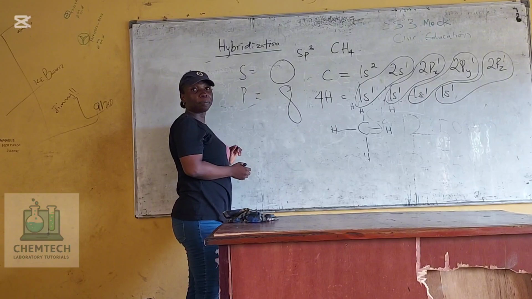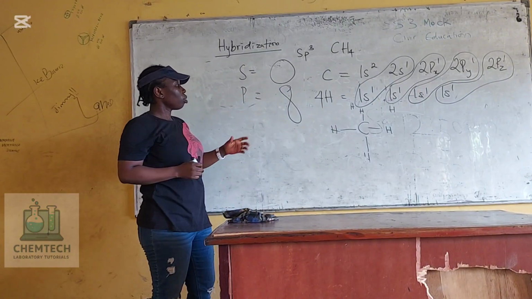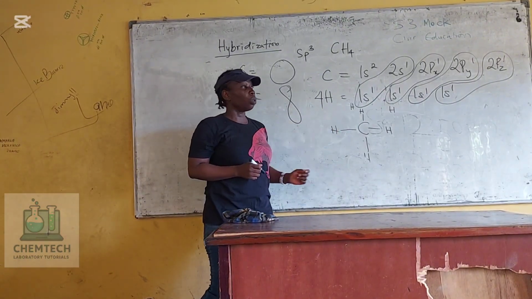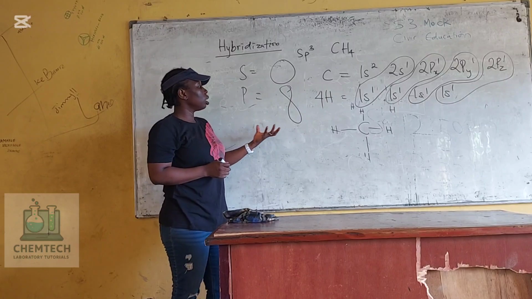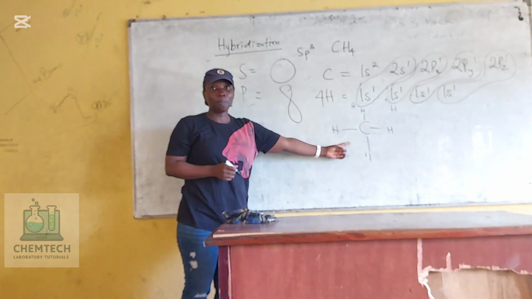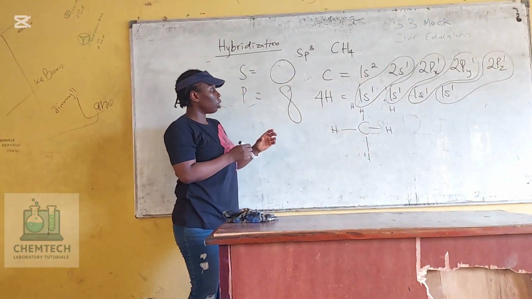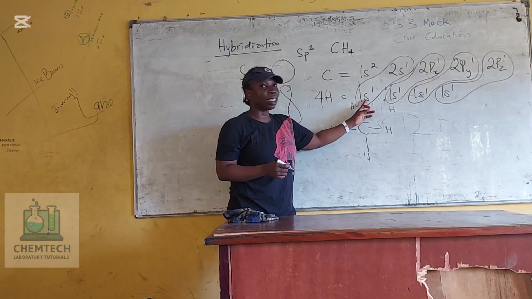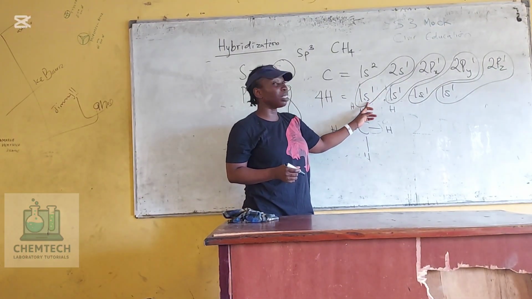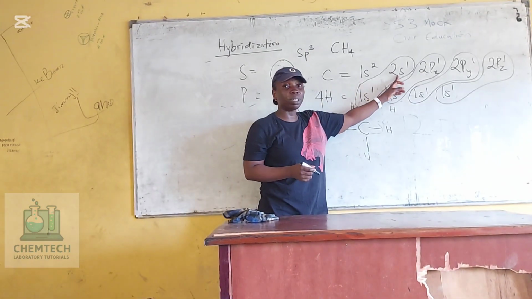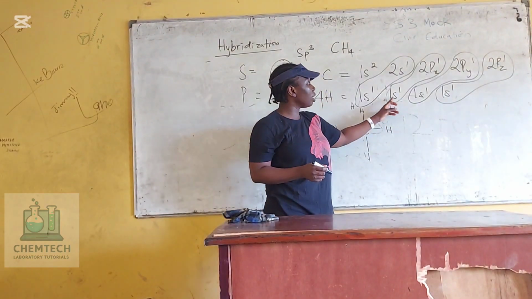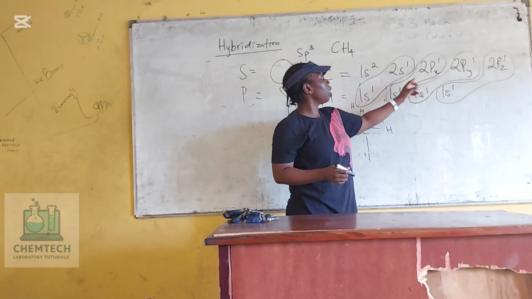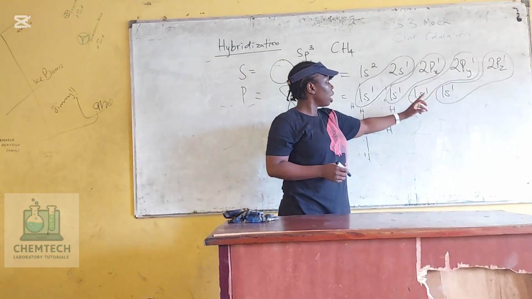Now, what are these bonds? We call this bond sigma bond. Why is this sigma bond? Because it's an edge to edge overlap of s orbital of hydrogen, s orbital of carbon. Edge to edge, s orbital of hydrogen, p orbital of carbon.